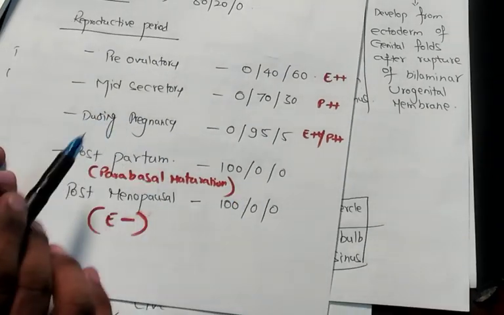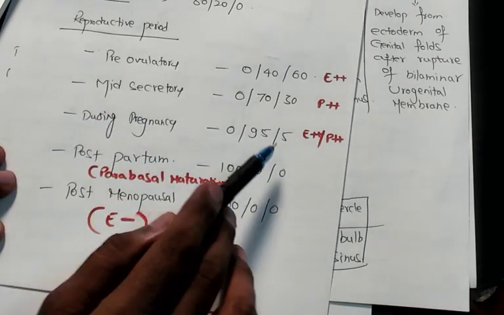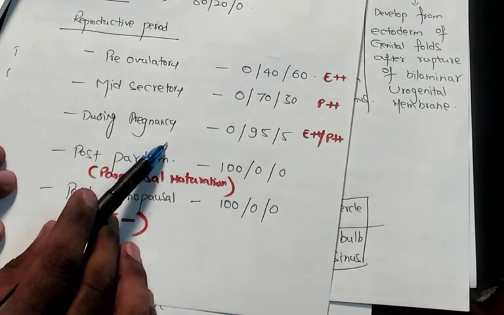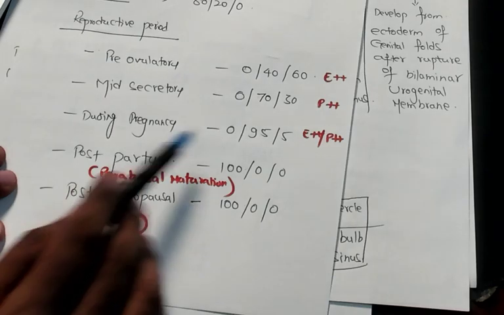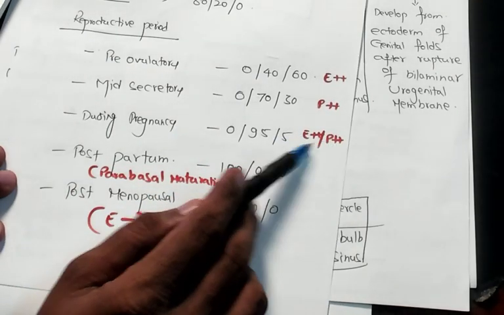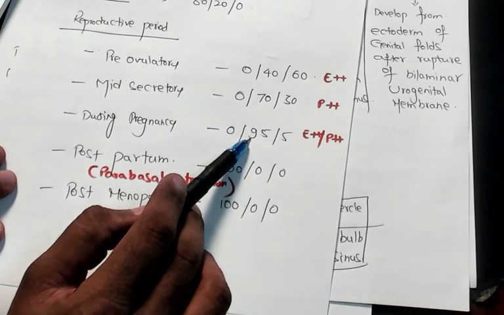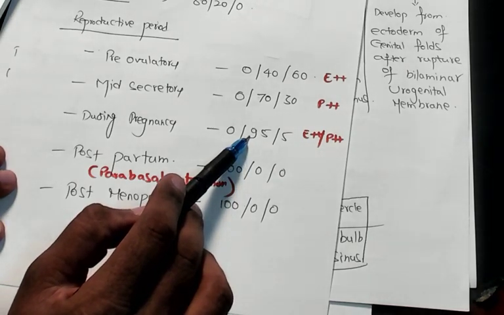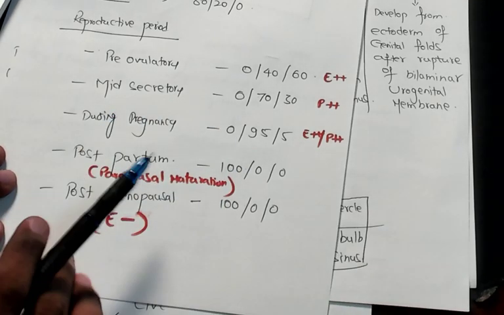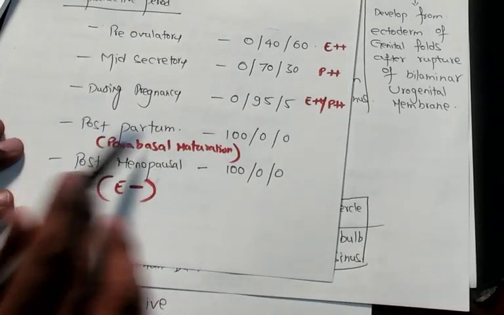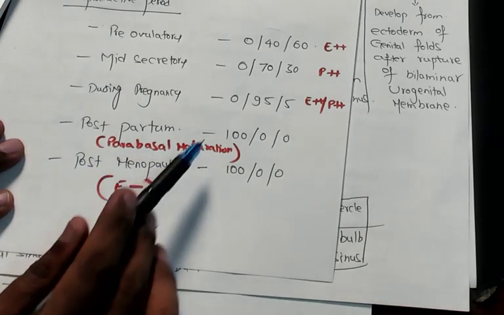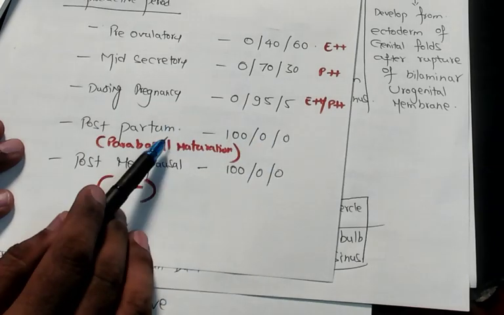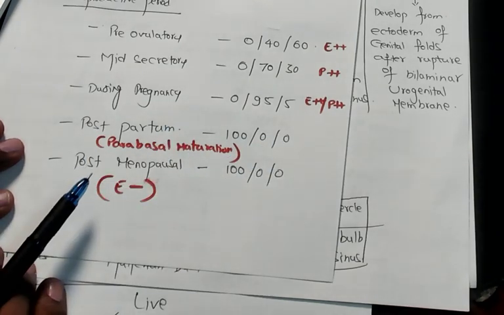During pregnancy, it is 0 by 95 by 5. Once more, estrogen and progesterone, both of them are predominant, but intermediate cells, which are typically progesterone dependent, will be predominant in pregnancy. Postpartum, it's called parabasal maturation. 100 by 0 by 0 is what you should remember.